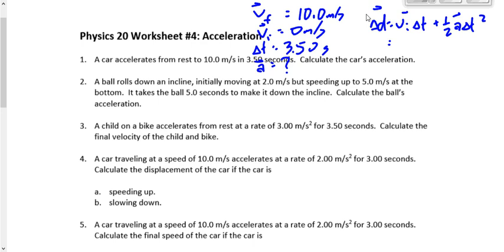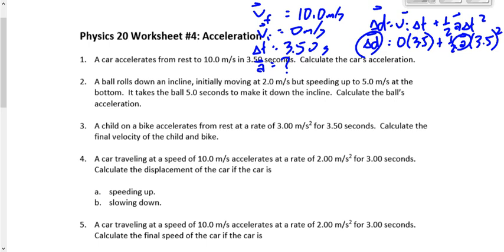VI is 0. 0 times time is 0, plus 1 half of A times T squared, 3.5 squared. Is this wrong? Absolutely not. Well, what's my problem with this equation? Yeah, I got too many unknowns. I don't know what D is. I don't know what A is. That's fine. I recognize that and say, well, it wasn't the right one. It didn't give me the wrong answer, and it never will, as long as you're choosing from the right group.